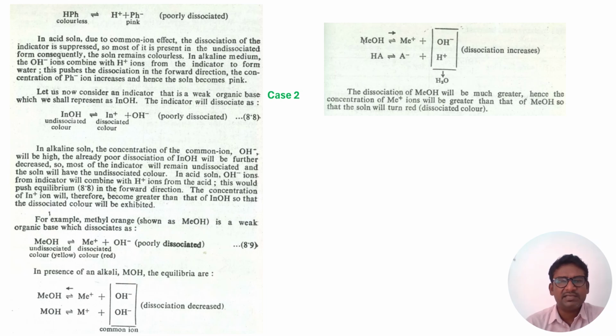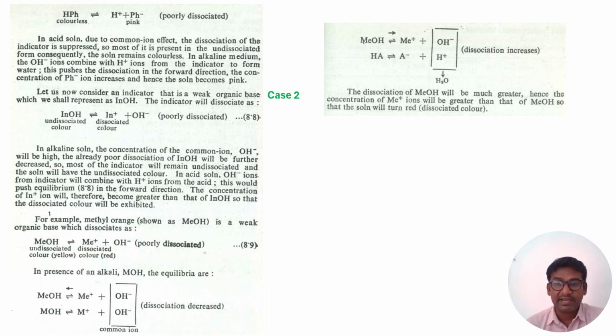Let us now consider an indicator that is a weak organic base, that is case 2. In case 1, we have seen a weak organic acid. If you pour that in an acid, due to the common ion effect, there is not much dissociation, so the color will appear as the undissociated form's color.